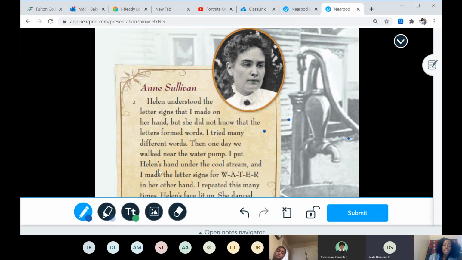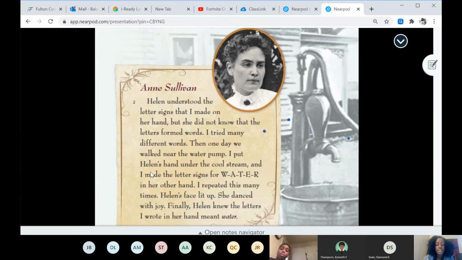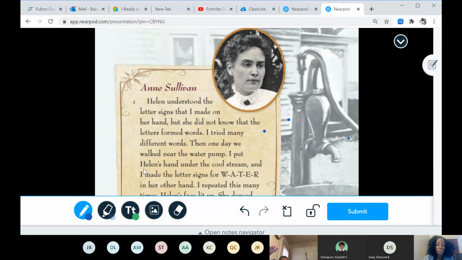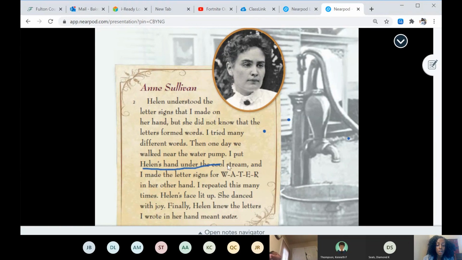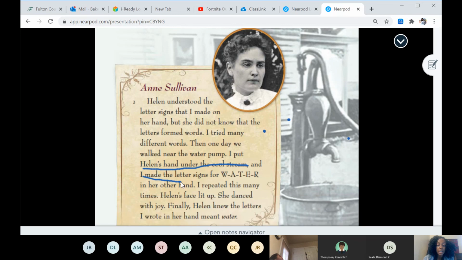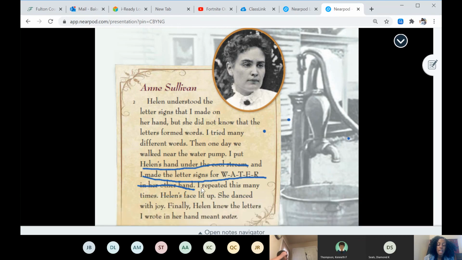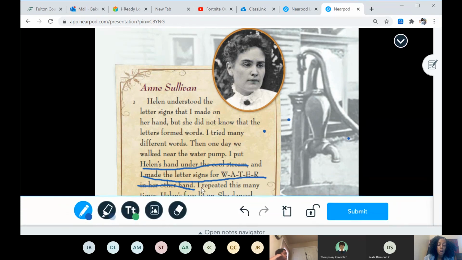Yes, so the first time Helen was able to learn how to read was when Miss Sullivan put her hand under the cool stream and then she started writing the letters for water in her hand and she kept repeating it over and over again. That's when Helen learned that those words spell water.